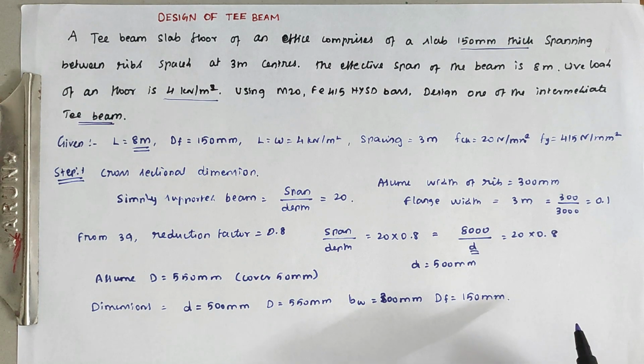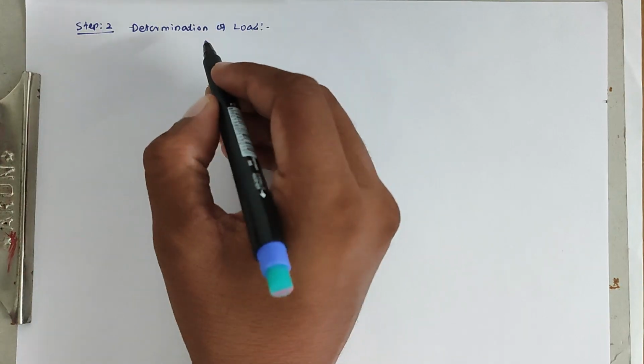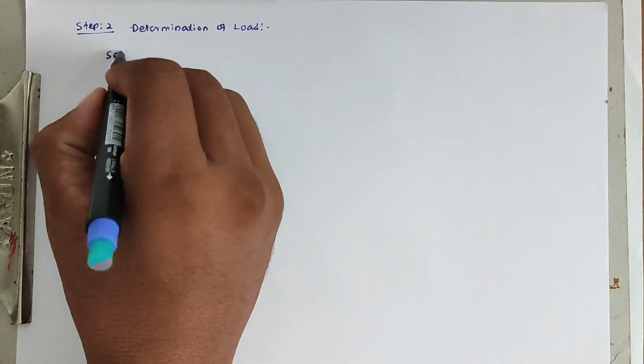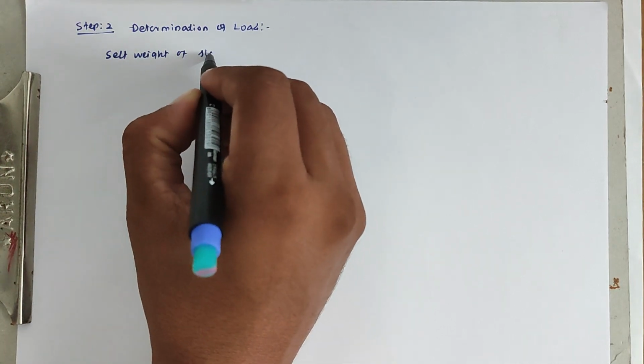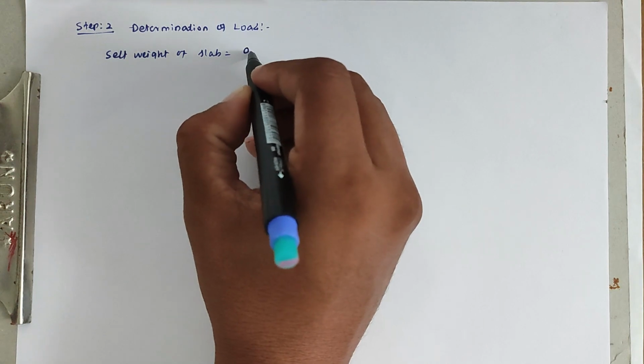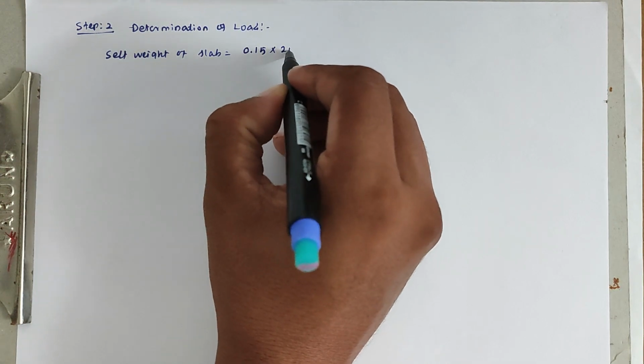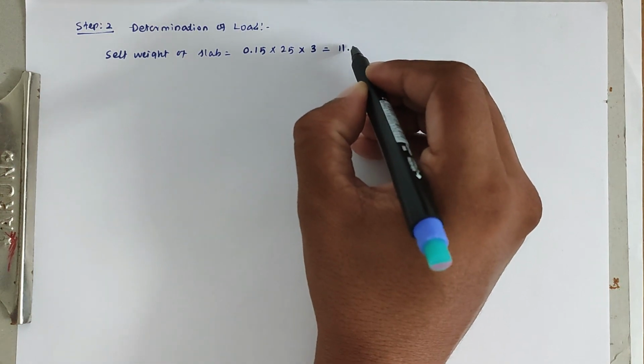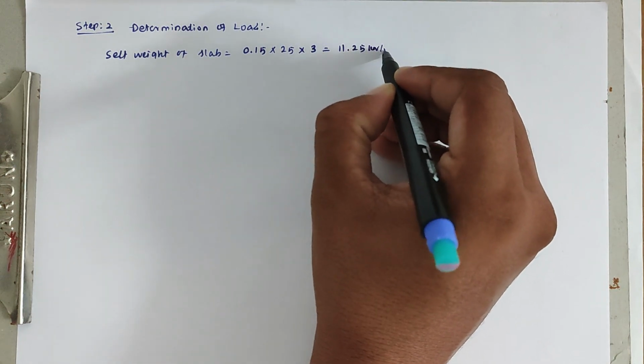Next we have to find the loads. Determination of load; after that we can find the moment and shear force. Self weight of slab equals 0.15 into 25, the unit weight of concrete, into 3 meters, which is 11.25 kilonewton per meter.